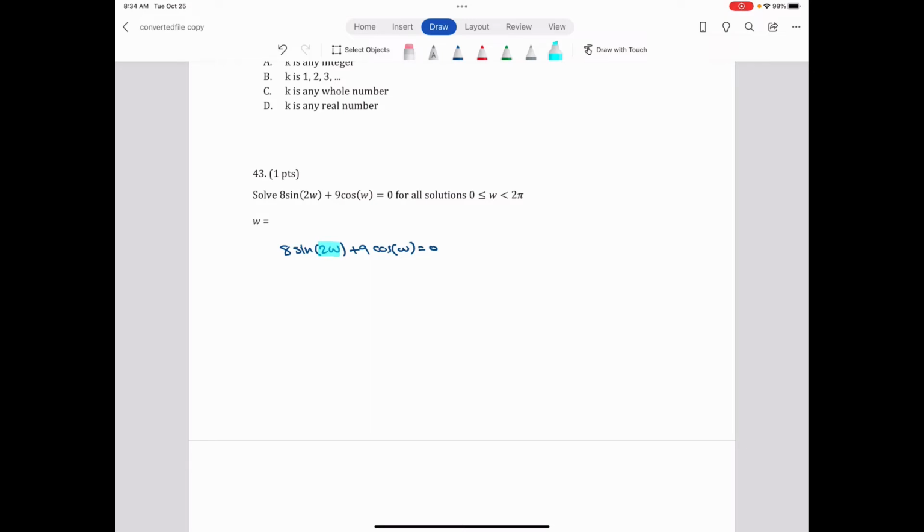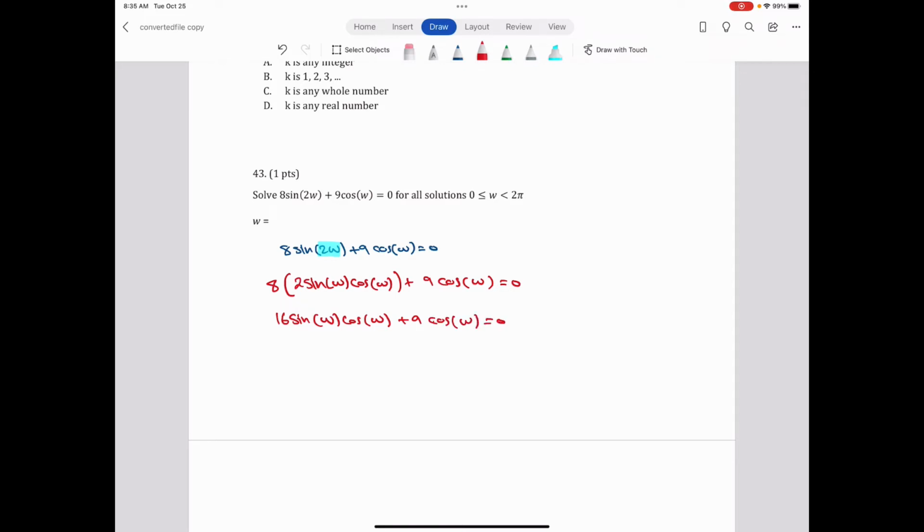We know that sine 2 theta is equal to 2 sine theta cosine theta, so 8 times 2 sine w cosine w plus 9 cosine w equals 0. This is equal to 16 sine w cosine w plus 9 cosine w equals 0.